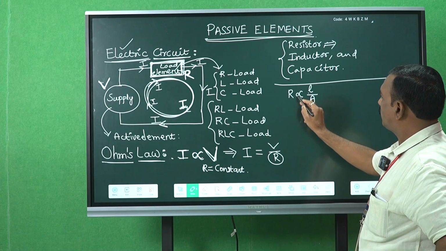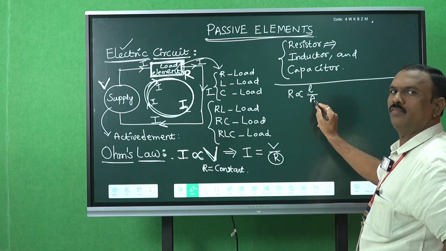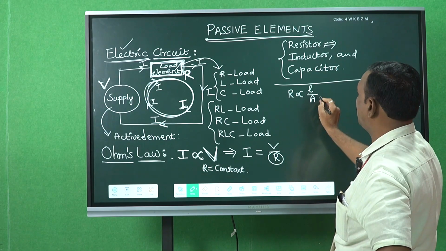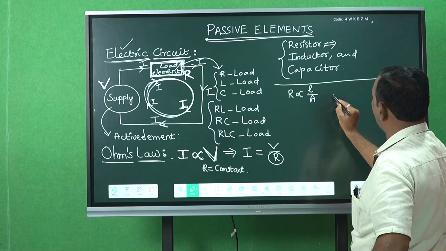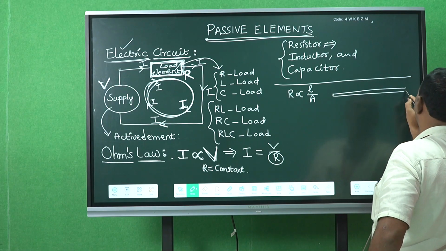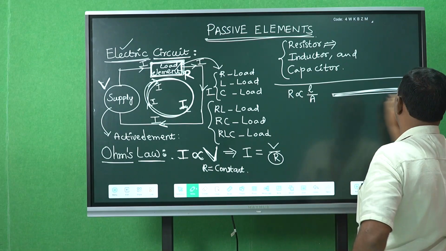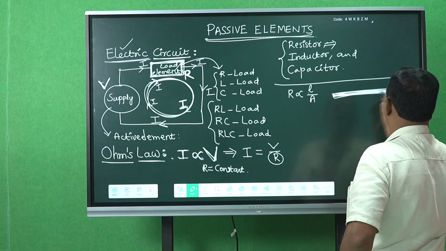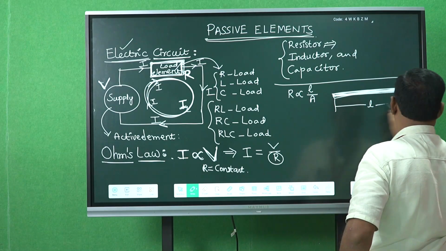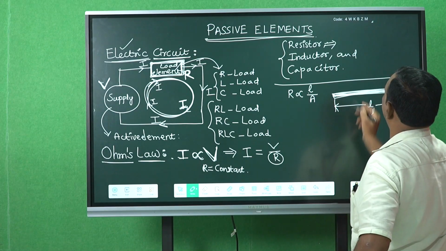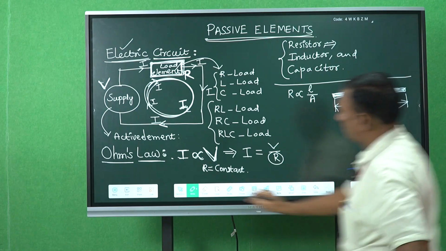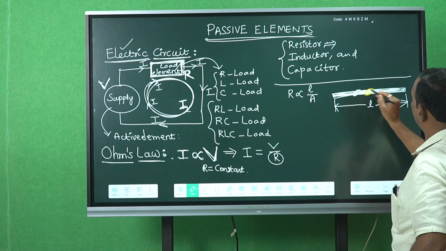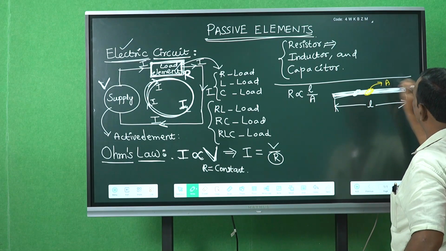For example, consider a conductor of this much thickness, with this much length, and this is the cross-sectional area.